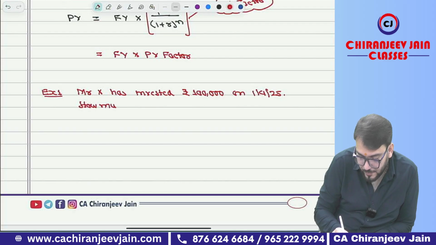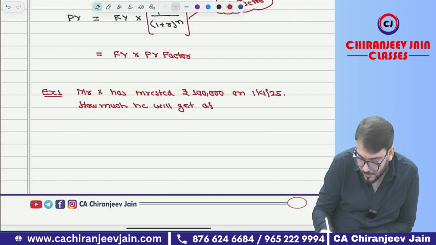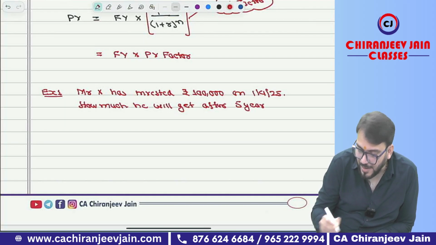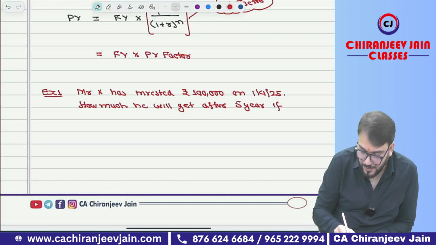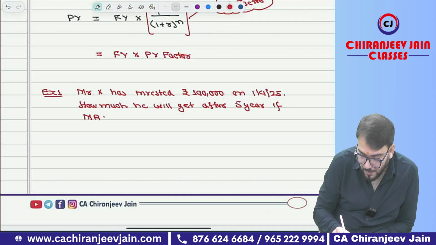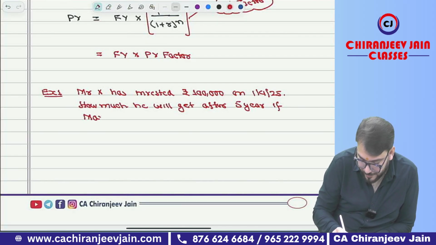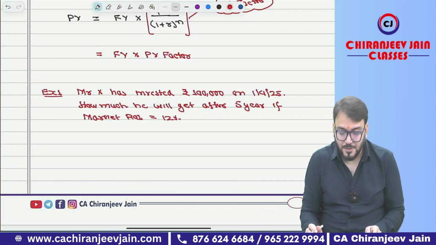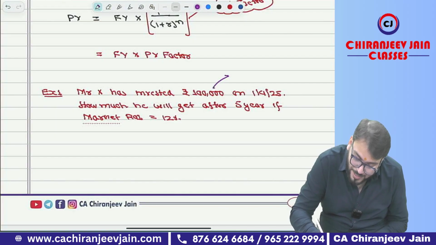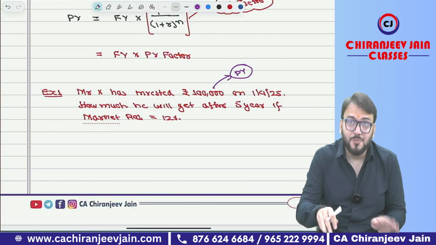How much will he get after 5 years if market rate of interest is equal to 12%? Means this is present value and we want future value.